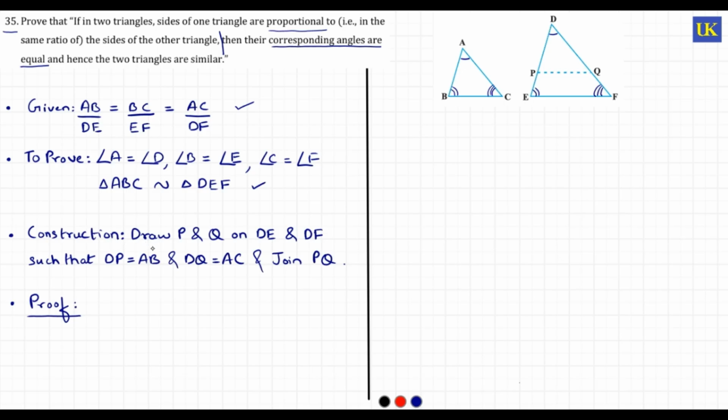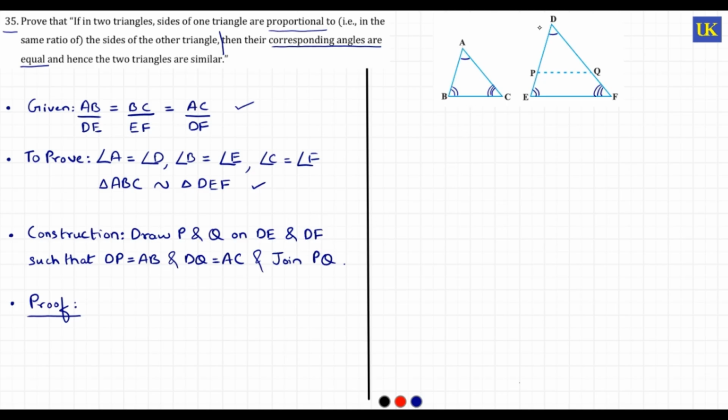So in the construction, we will take 2 points P and Q on side DE and on side DF, in such a way that DP is equal to AB and DQ is equal to AC.